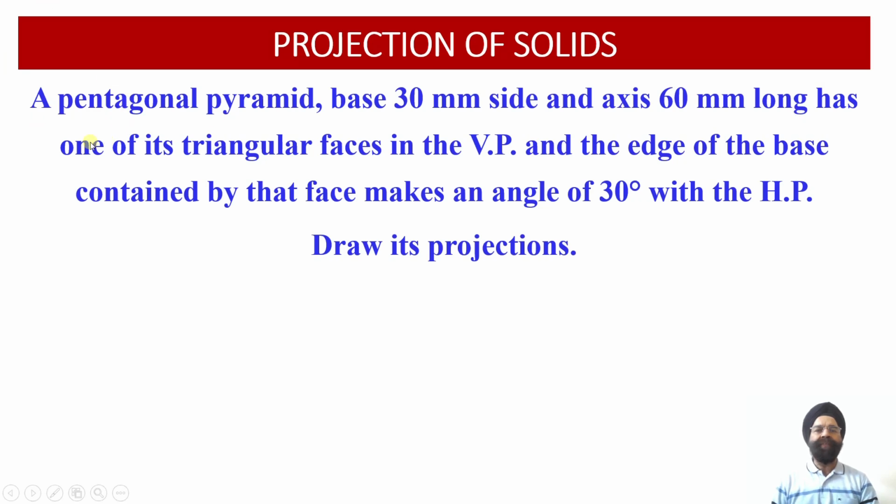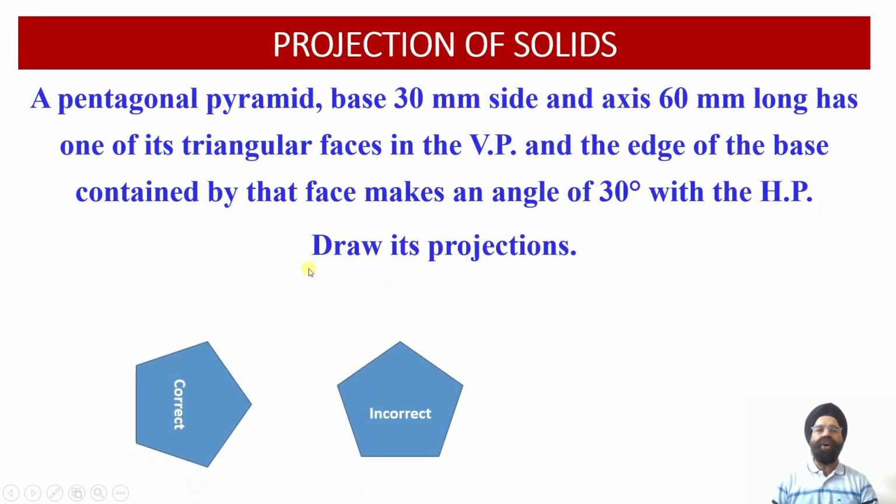To begin with, we have been provided with the information that this pentagonal pyramid has one of its triangular faces in the vertical plane, and thereafter the edge of the base which is contained by that face is making an angle of 30 degree with respect to the horizontal plane. So we are required to draw the orthographic projections of this oblique pentagonal pyramid.